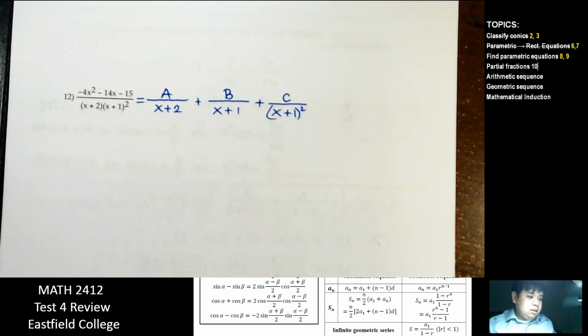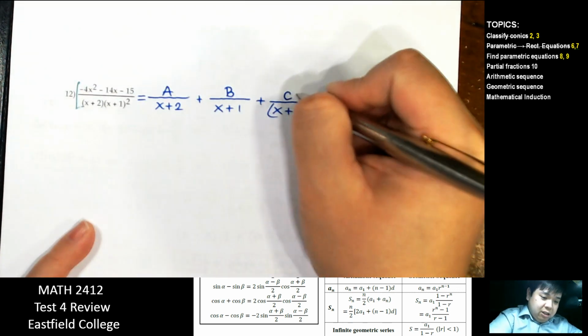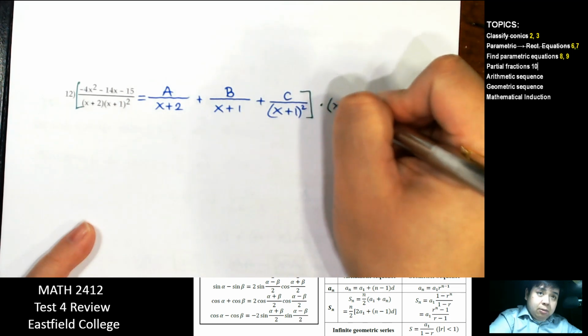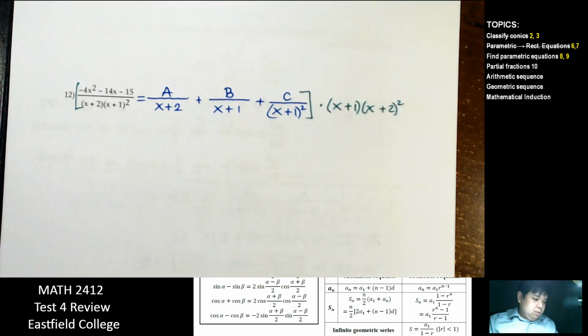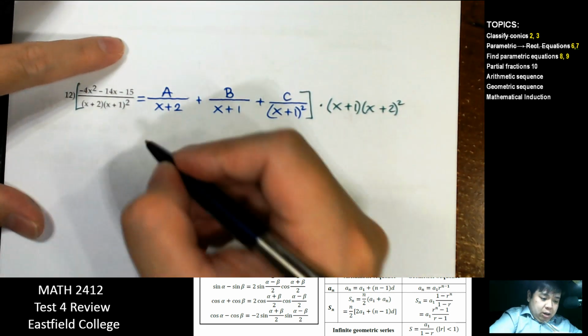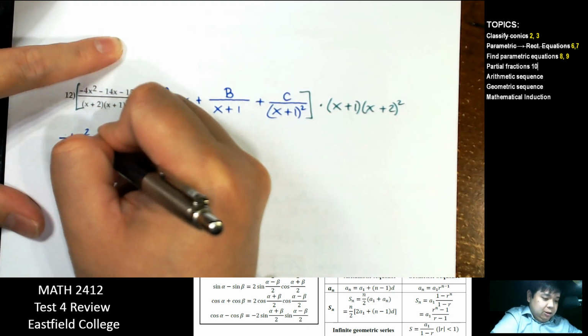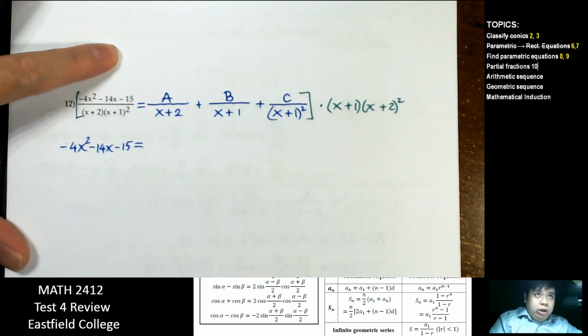And then the same way, multiply by the common denominators. I will speed up on this one. So we have that.